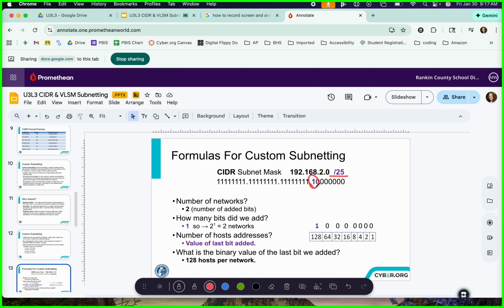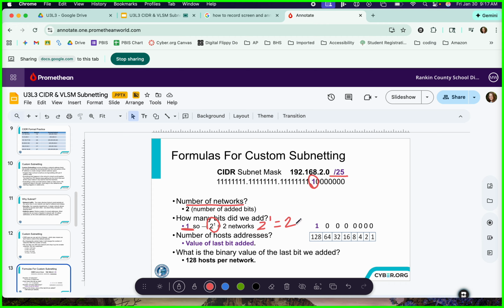Now, how many networks did we create because of this? Your formula is going to be right here. We borrowed 1 bit, so we're going to say 2 raised to the first power. That equals 2.